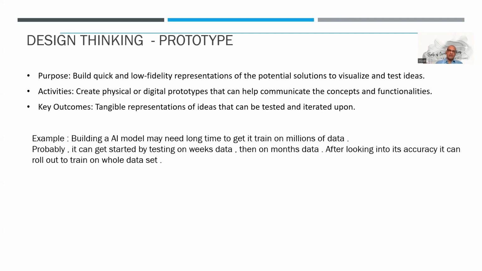If the algorithm is acknowledging it, fine, then we can go for one month of data and see what accuracy it comes up with. If it all goes fine, then at a point of time we can think of going for the million records in the database to get trained.